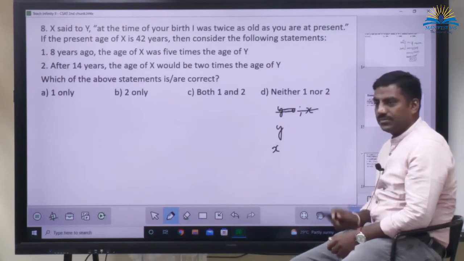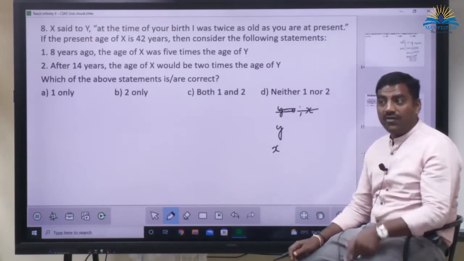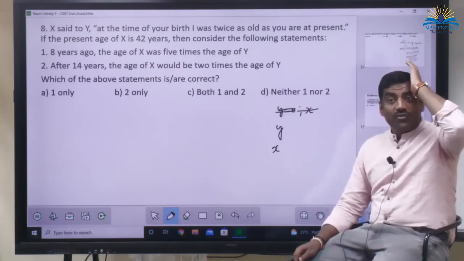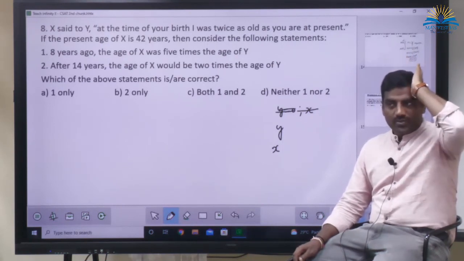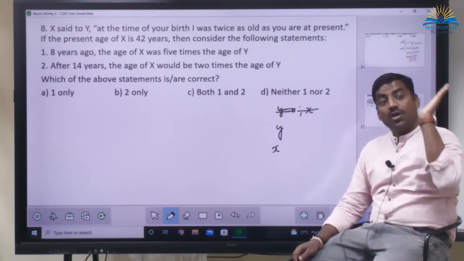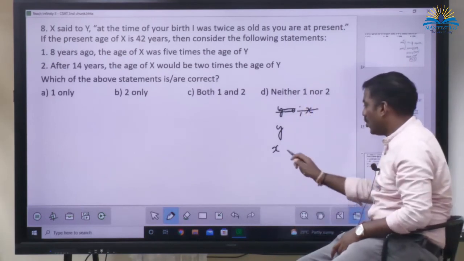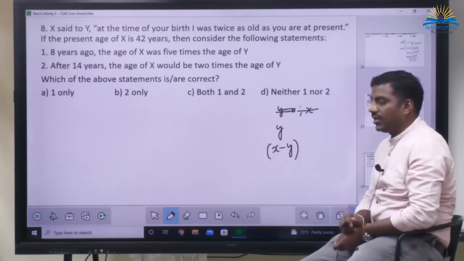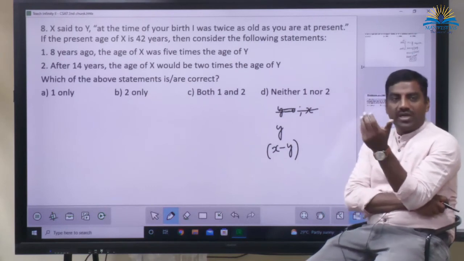X's age is X, Y's age is Y. He is talking of what time? During the time of birth of Y. Now Y is Y years old, so he is talking of Y years before.